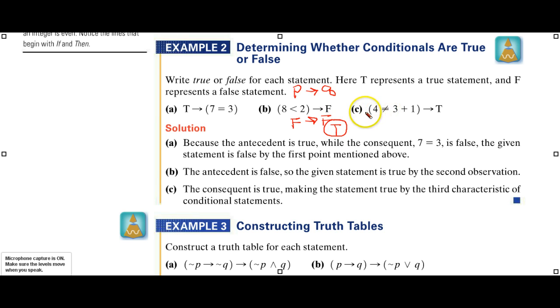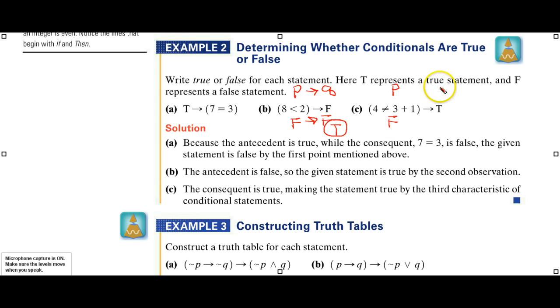And let's go on to letter C. Here we have 4, and this would be our P statement, does not equal 3 plus 1. Well, this is actually true, but the way it's written here is false.